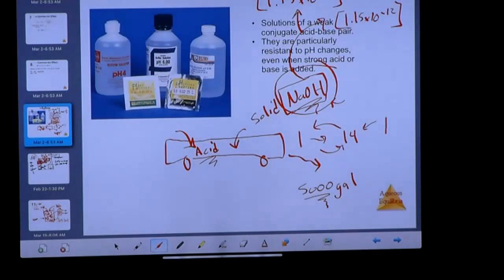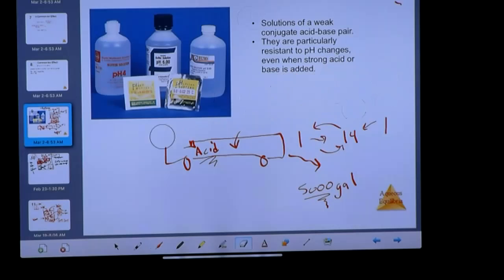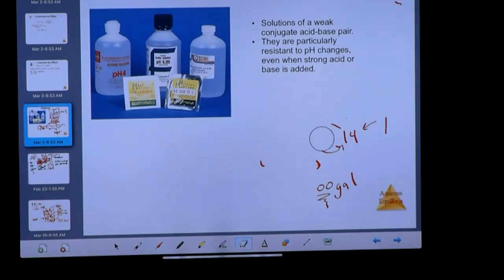All right, so buffers. This is where you're the very most likely to get a question on the AP test. Buffers are solutions that have a weak conjugate acid and base pair.